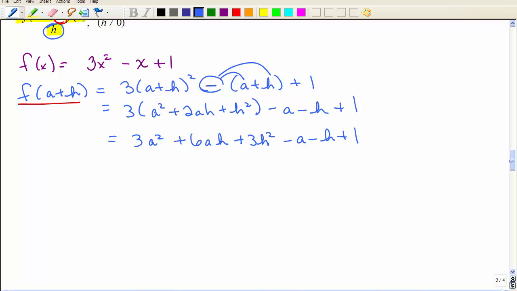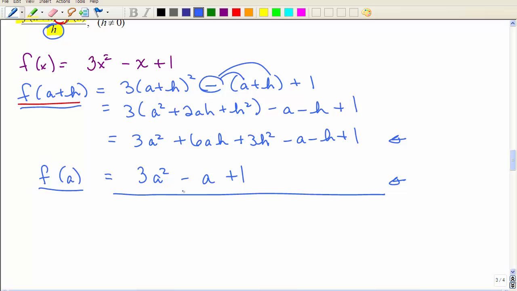The second step is to find f of a. So we just need to replace x with a. Now we need to subtract f of a plus h and f of a. In order to subtract this expression minus this expression, we can really just add the opposite.